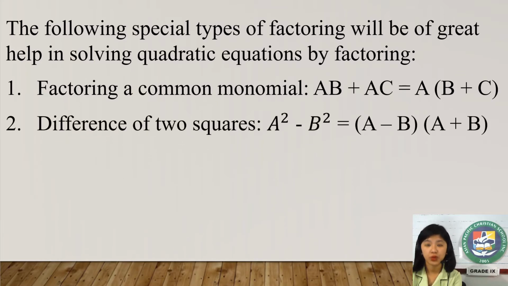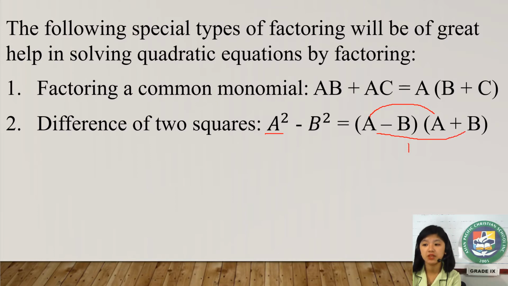Difference of two squares, we have a squared minus b squared. So, kapag difference of two squares, ihihiwalay natin sila. Kapag sinolve natin yan, yung a minus b times a plus b, gamit din ang FOIL method. So, first, yung first term, we have a times a will give you a squared. Then, yung outer term, yung a and b.